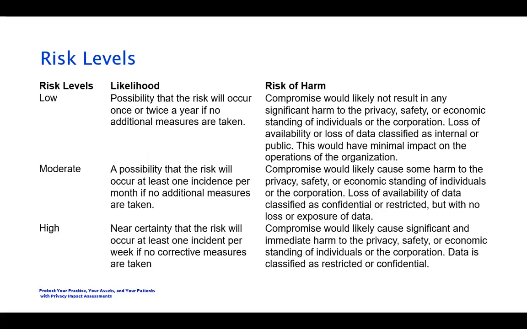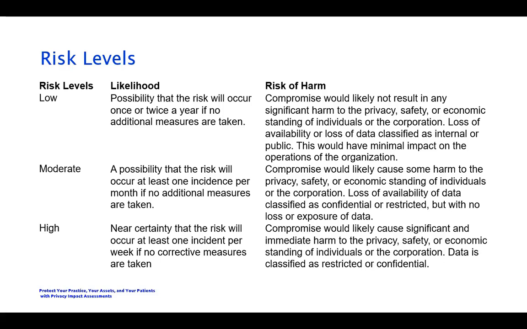Now, we have risk levels, and the legend or the process that I use for determining levels is low, moderate, or high. So low is the possibility that the risk will occur once or twice a year if no measures are taken, and that it would not likely result in significant harm to the privacy, safety, or economic standing of individuals or the corporation.